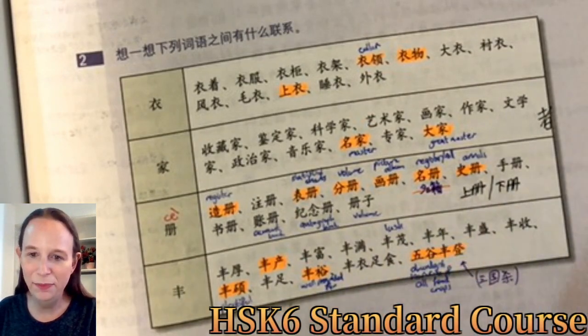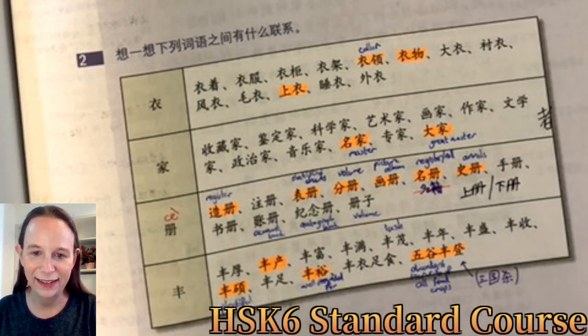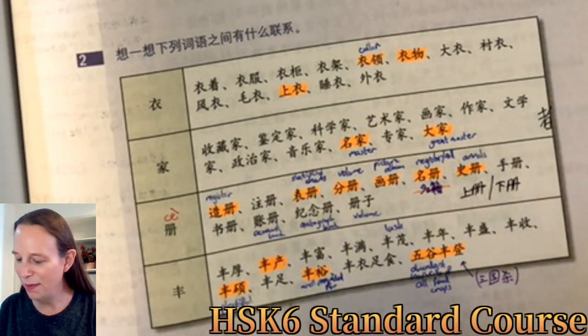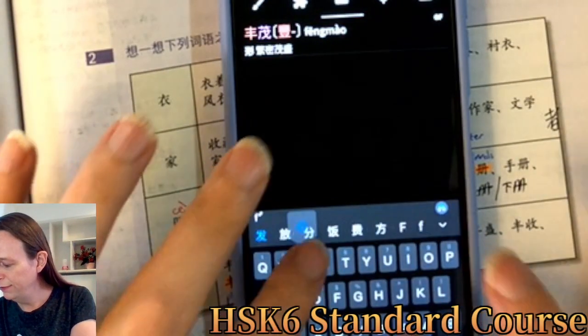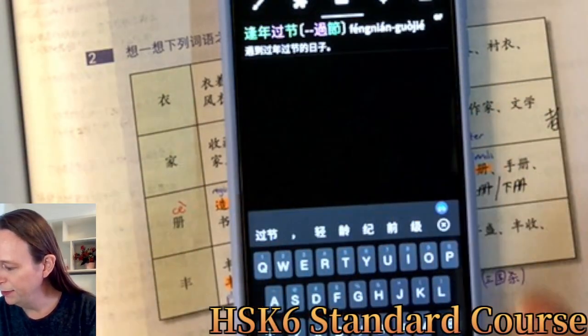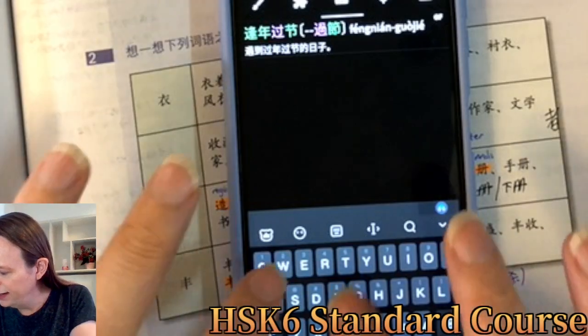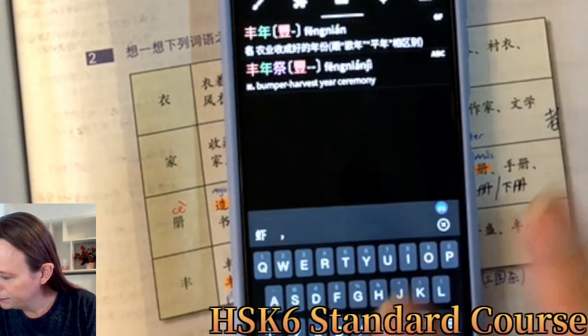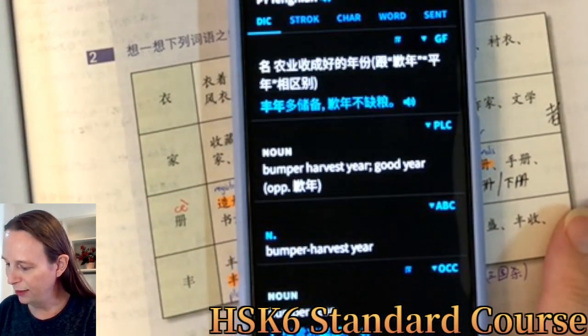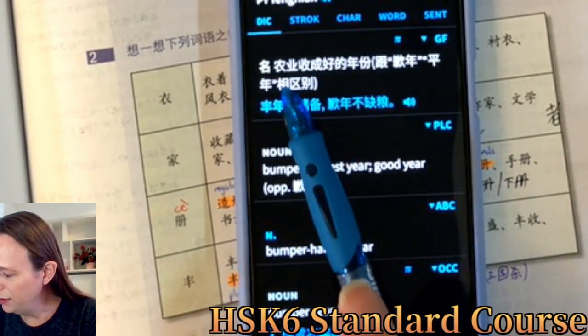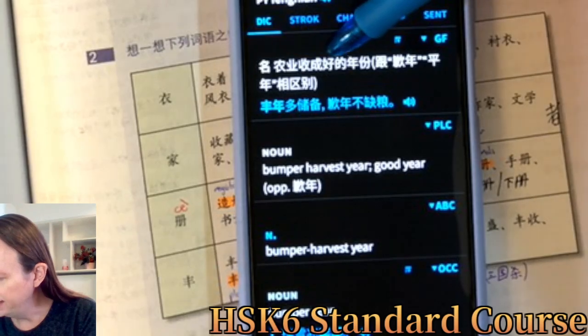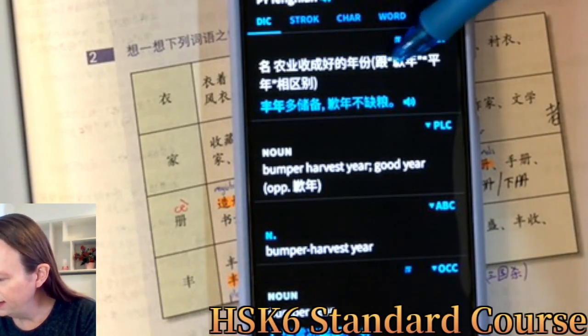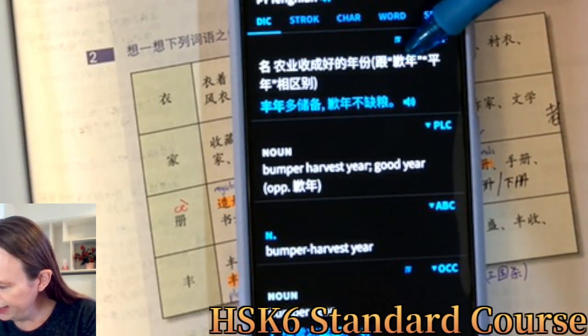丰年. Presumably this is the 丰收丰产. It's like a bumper year rather than a bumper harvest. 丰年. Yeah, that's a different one again. A good year, yeah. 农业收成好的年份跟千年.